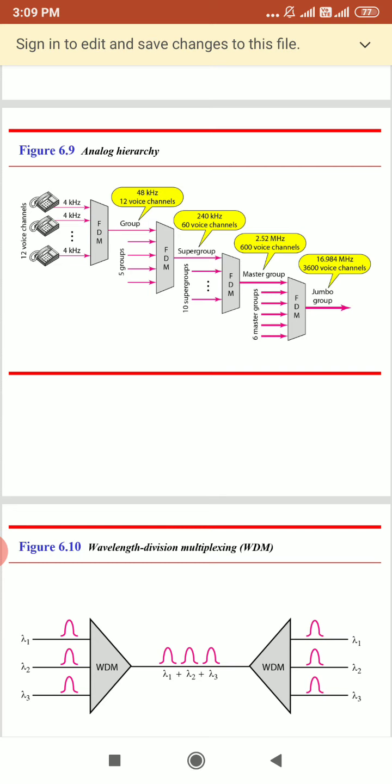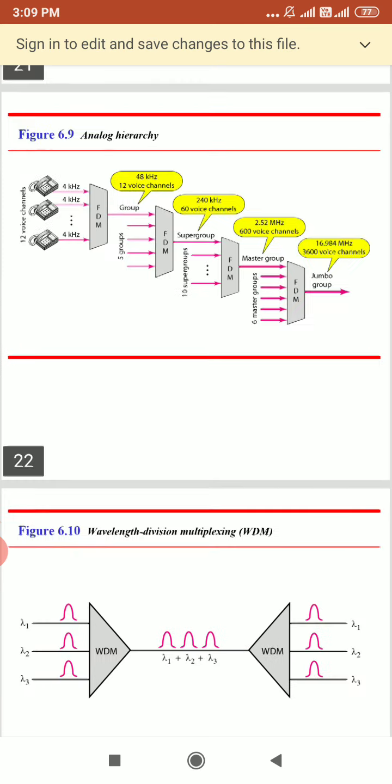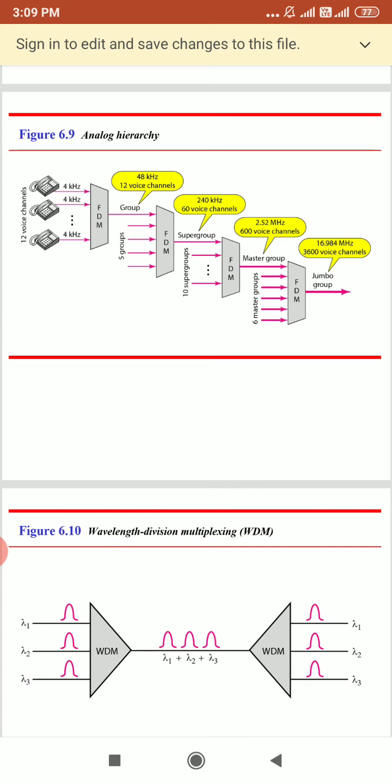So here you will get a speed of 6.312 megabits per second. After that, when you send this to the third one, the M3 multiplexer, it will again add bits for synchronization, and hence you will get additional bits per frame. The last, the fourth multiplexer, will again add bits for synchronization, and hence you will get an additional number of bits per second.